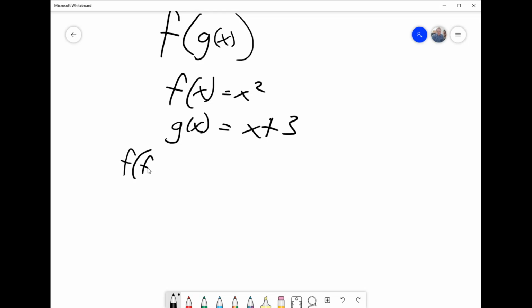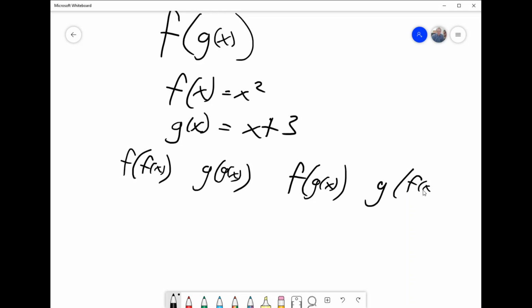You can have f of f of x. You can have g of g of x. You can have f of g of x. And you can have g of f of x, just with 2-step combinations and convolutions of functions.